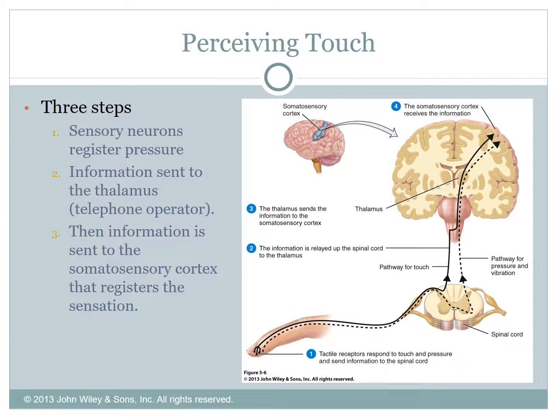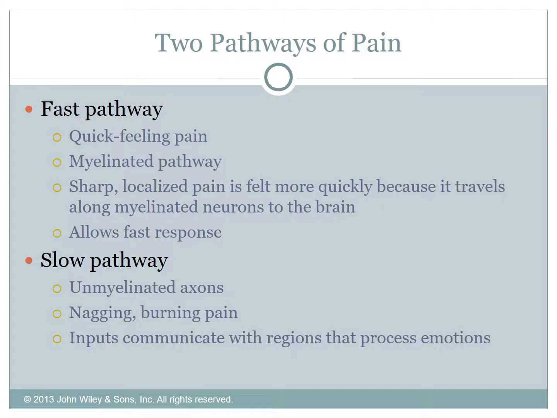Slow pathway pain tends to be a lot softer. All right, we'll start with the fast pathway. Fast pathway pain deals with quick pain. You get stabbed by a needle. You have this heavily myelinated pathway that gives you this sharp localized pain and allows a fast response.